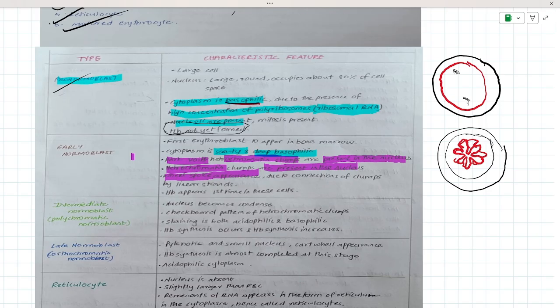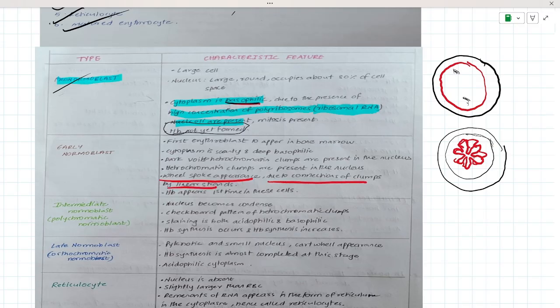Due to this joining of the clumps by linear strands, there will be a wheel spoke appearance. If all clumps are joined together by linear strands, ultimately it gives a wheel spoke appearance. So in early normoblast, there will be a wheel spoke appearance.